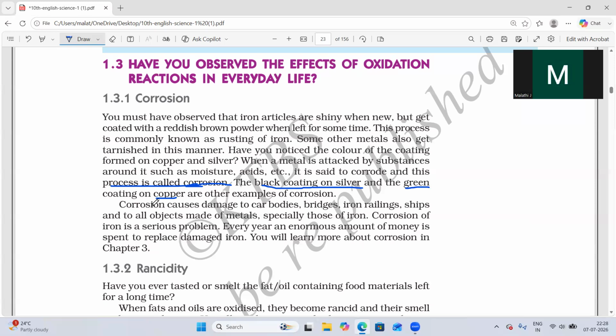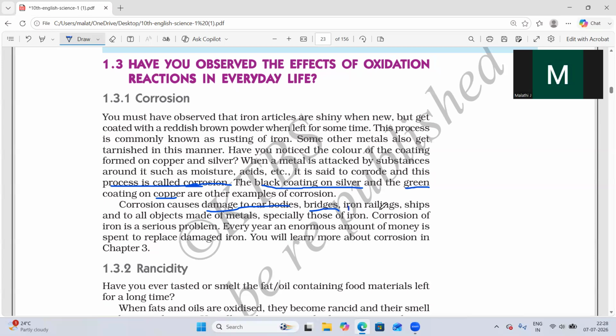Because of this corrosion, we face many problems. Wherever more iron is used to make materials, there is damage, like damage to car bodies because of corrosion. For bridges, they use more iron to construct them, and when the iron nails start rusting, the structure also starts to break down.